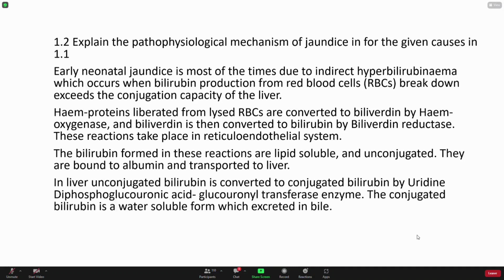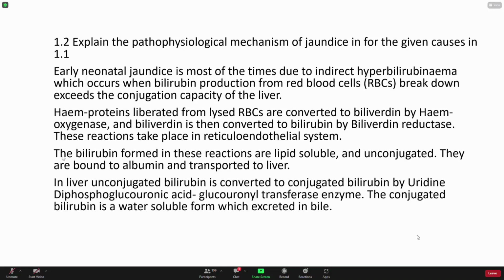You can say it is converted to conjugated bilirubin by an enzyme system in the liver. The conjugated bilirubin is water soluble, and this water soluble form is excreted. So probably I would start with something like this, because otherwise I would have to write this bit in both answers.